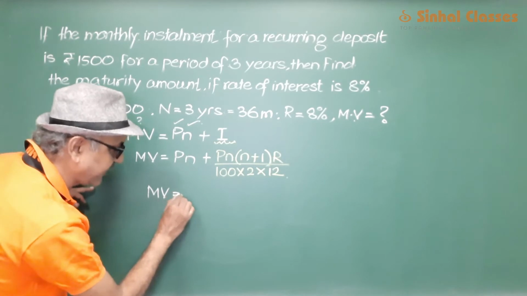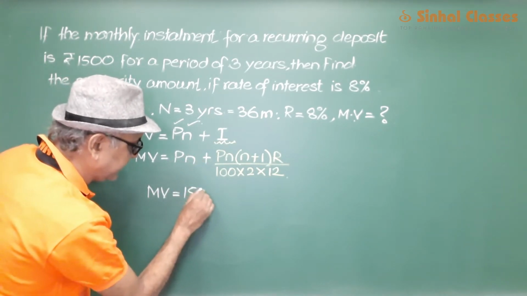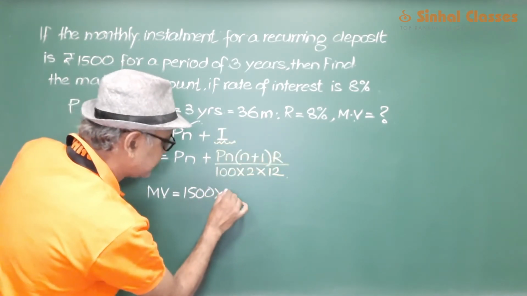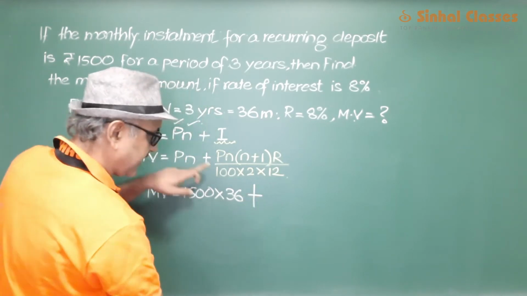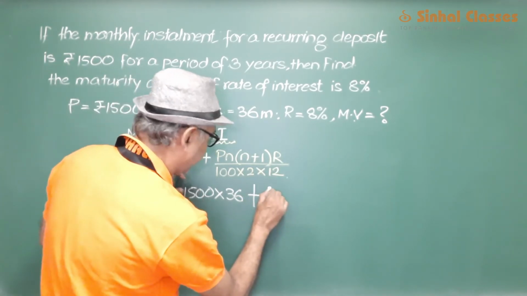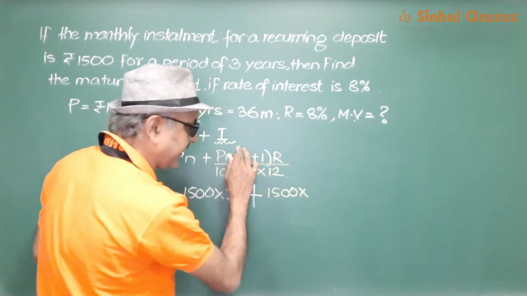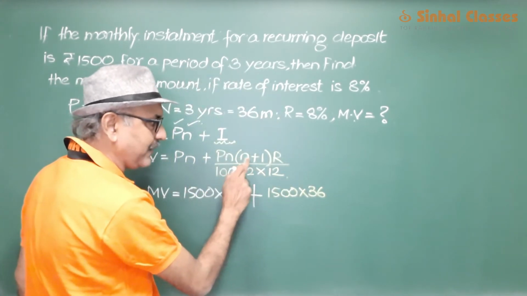MV, the maturity value, is equal to P, which is 1500, N, which is 36, plus P, which is 1500, N, which is 36, into bracket N plus 1.